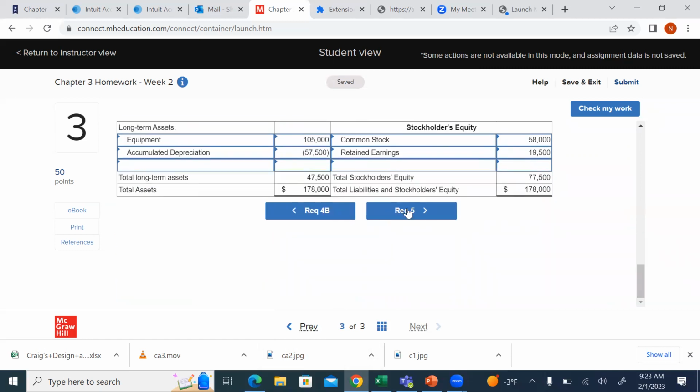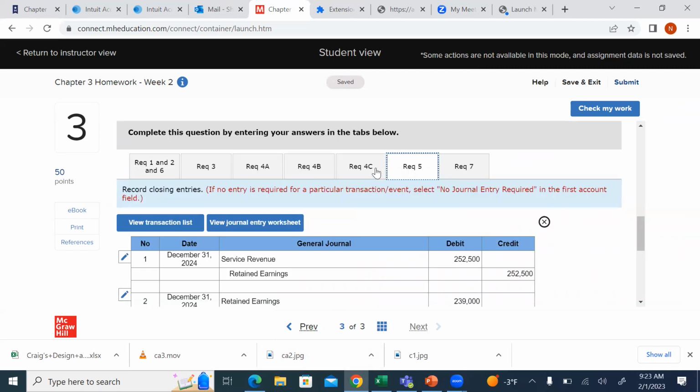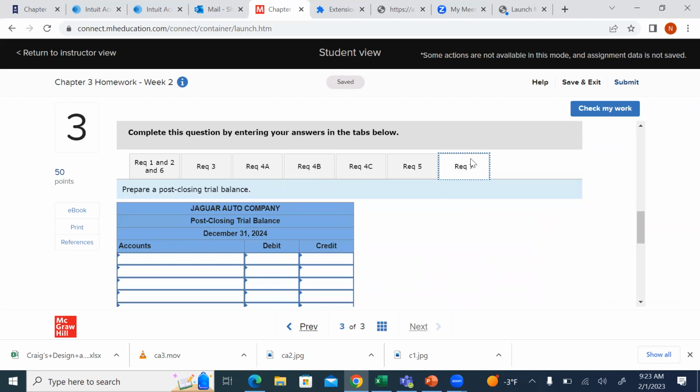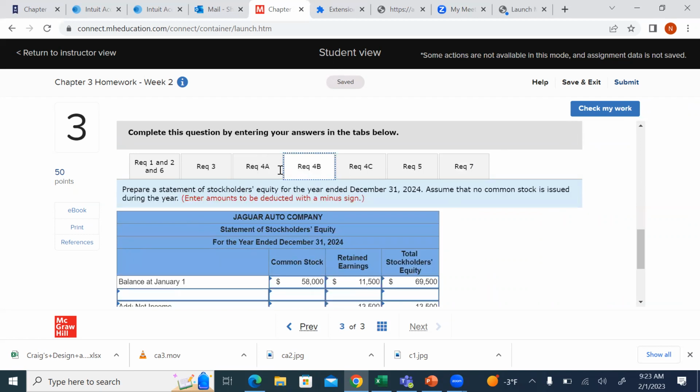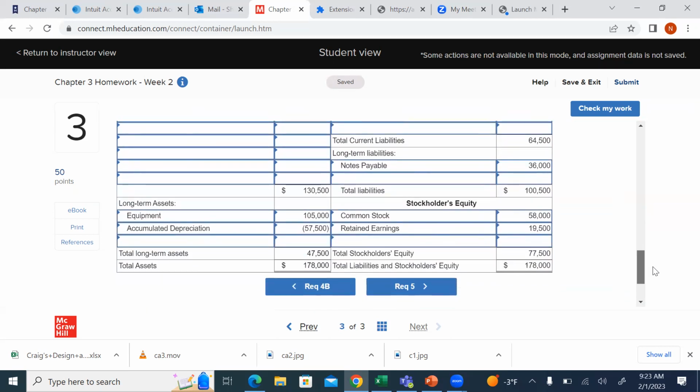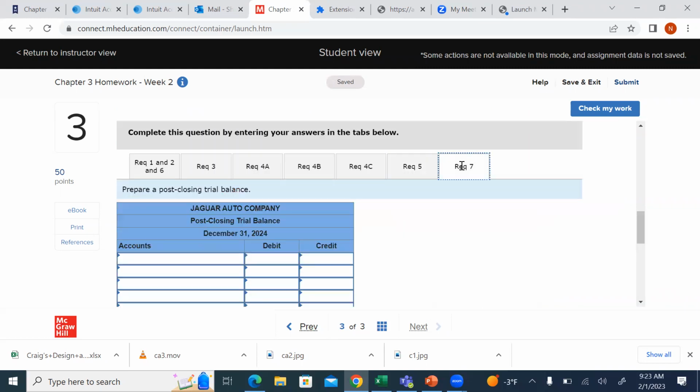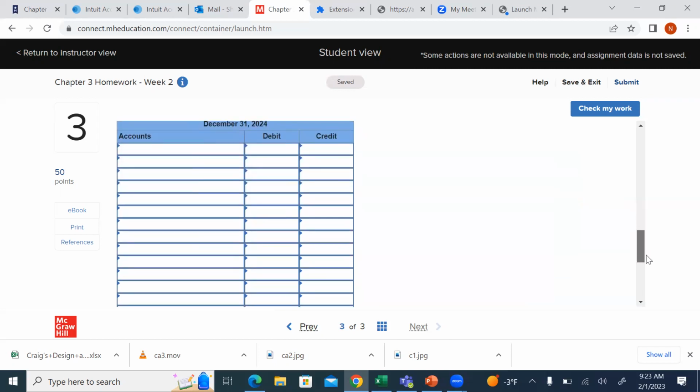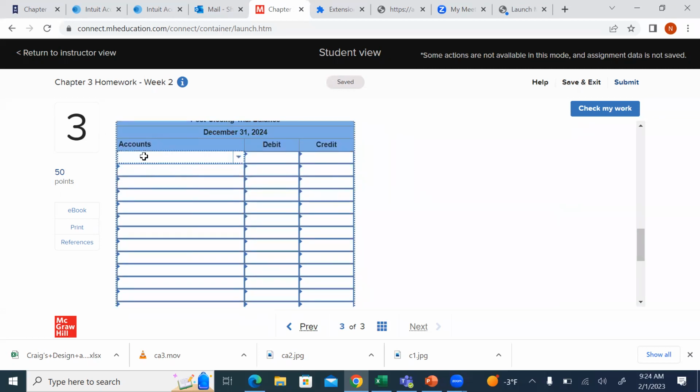So now we can just create a post-closing trial balance.